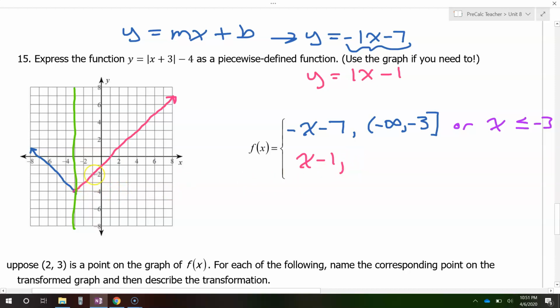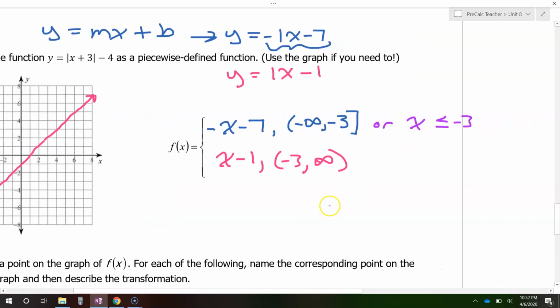Now the domain, the x values, this graph goes from -3 to infinity. All right, notice this time I used a parenthesis, not a square bracket. One of them will have the bracket, one of them will have a parenthesis. It doesn't matter which is which.